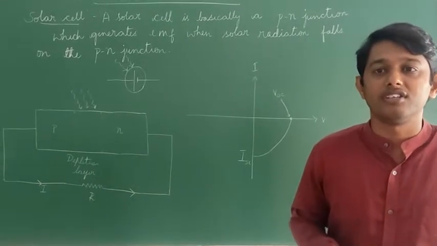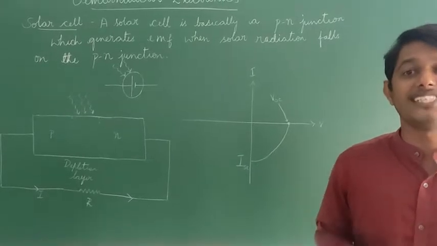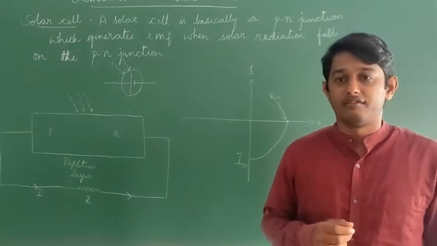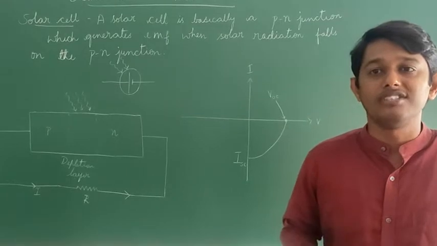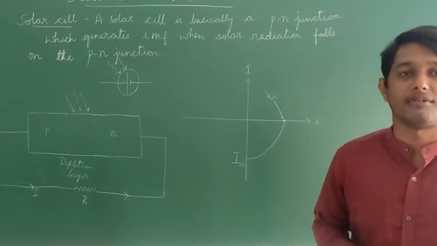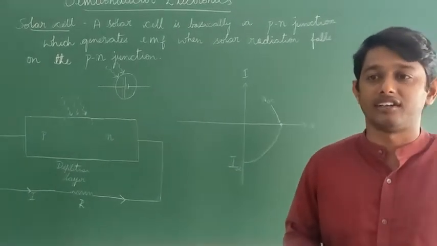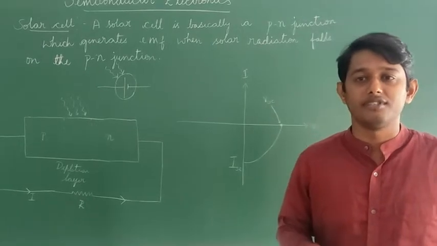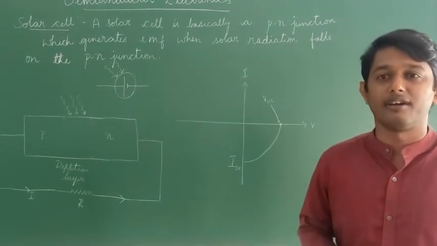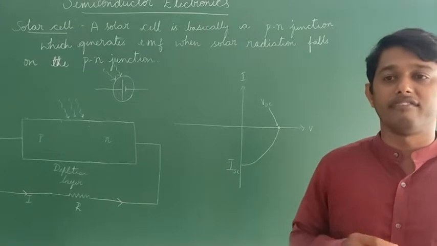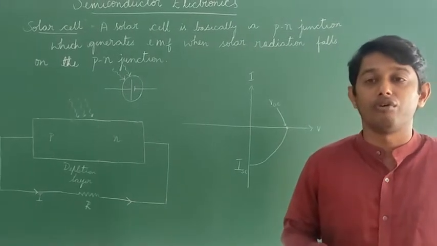The free electrons reaching the N side are collected by the front contact and holes reaching P side are collected by the back contact. Thus the P side becomes positive and N side becomes negative, giving rise to the photovoltage.